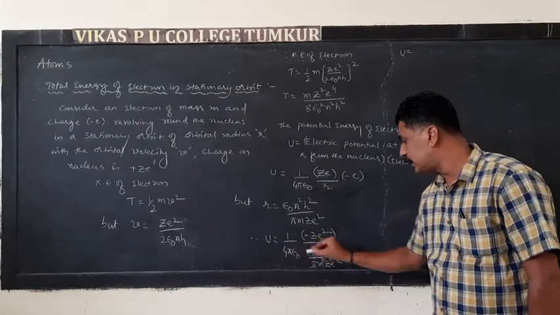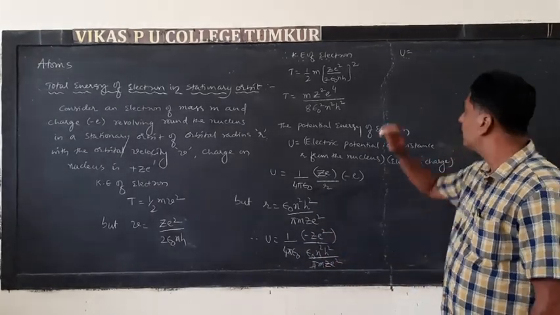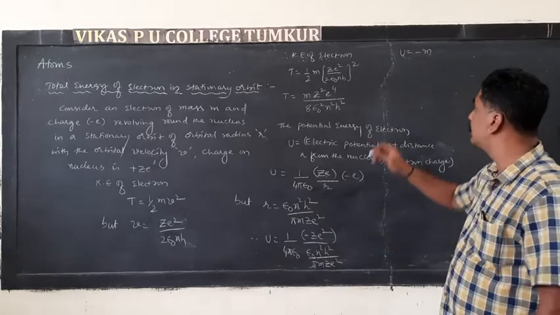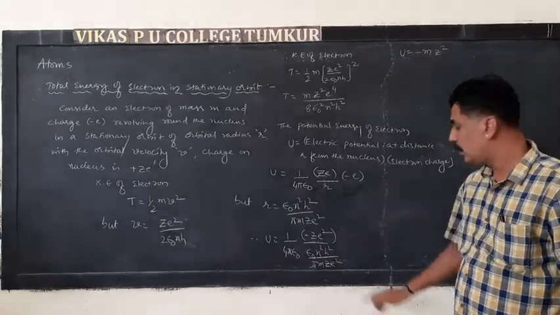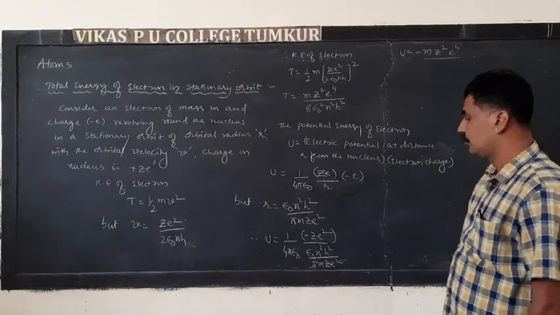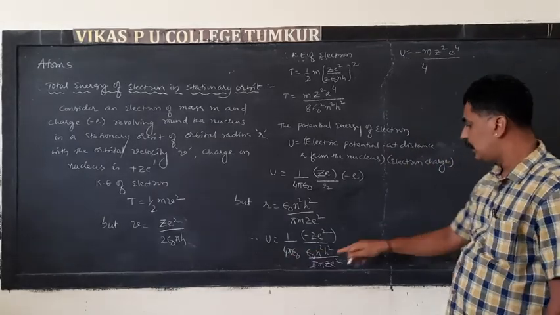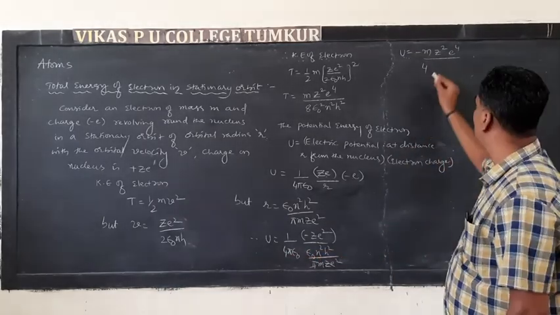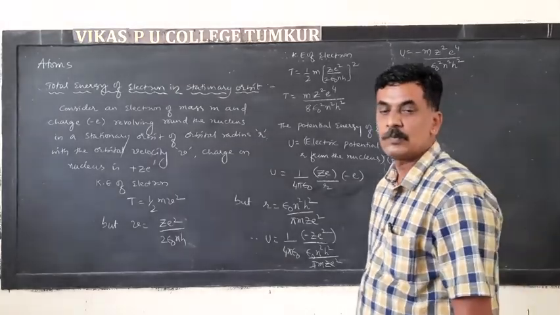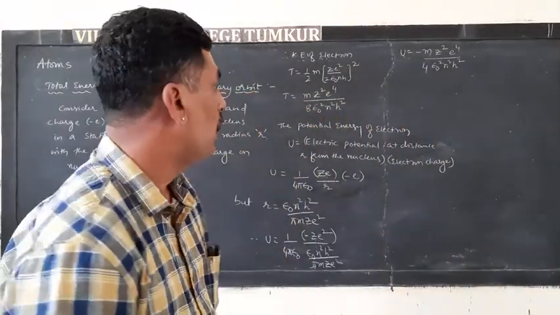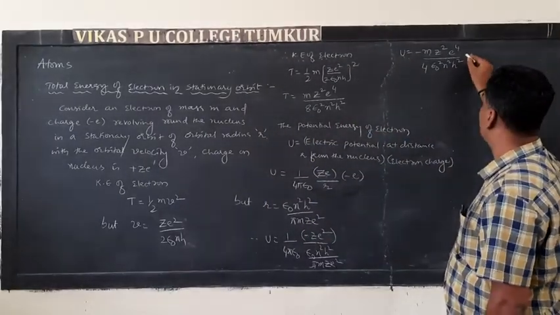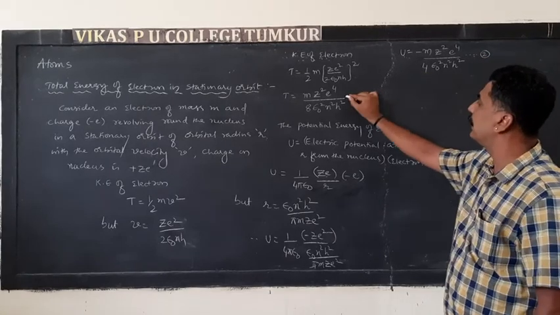Pi gets cancelled with pi. m in the numerator, Z multiplies with Z squared, e squared gets multiplied with e squared to give e power 4. Here is an epsilon naught, here another epsilon naught, so you get epsilon naught squared n squared h squared, with a 4 in the denominator. Very simple. Sorry, this is the potential energy. I will call the kinetic energy equation 2 and this one equation 1.